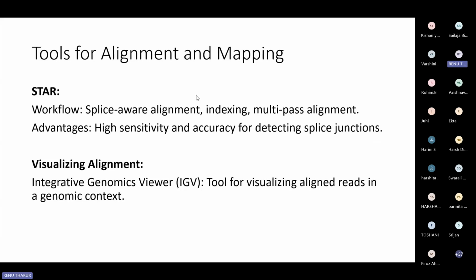You can do multiple analyses, post-analysis, after aligning it in a genomic context. Okay, so it comes after aligning and mapping the sequence with your reference genome. It is for visualization of your data, your BAM file or SAM file, the aligned data.